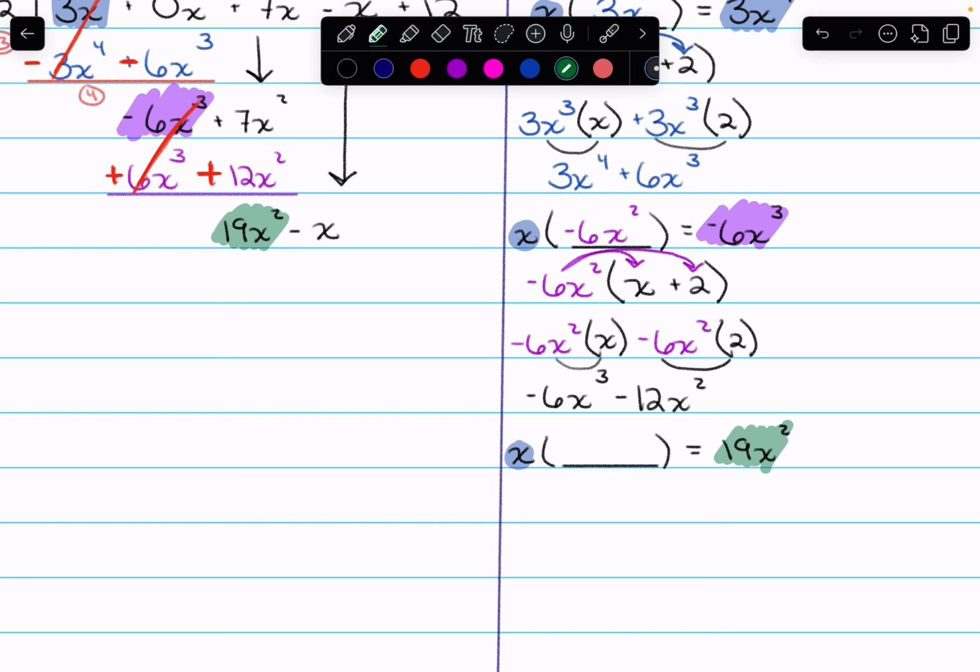What do we multiply x by to get 19x squared? We have to multiply it by a 19 so that we can get the number, and then x times another x gives us 19x squared. Okay, that's the end of step 1. That's going to go as part of our answer. So plus 19x.